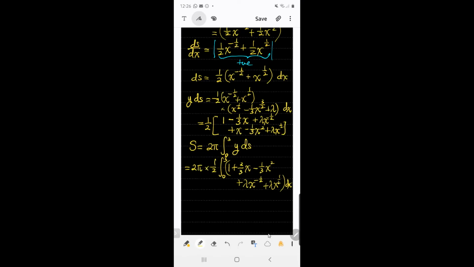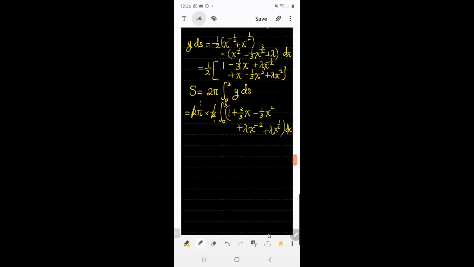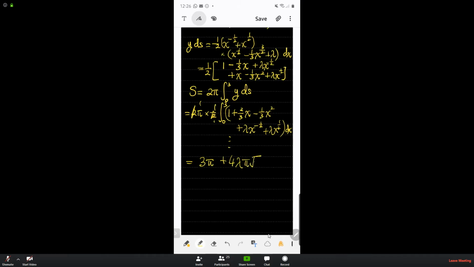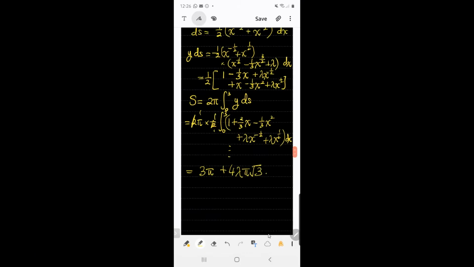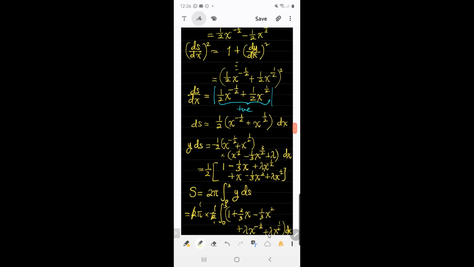Integration of this is not a problem. You cancel the 2 and this 2 here, and then substitute in the limits. This one you do yourself. The final answer is 3 pi plus 4 lambda pi root 3. Okay, so this is how you solve the problem, and this is how you use the formula y ds.